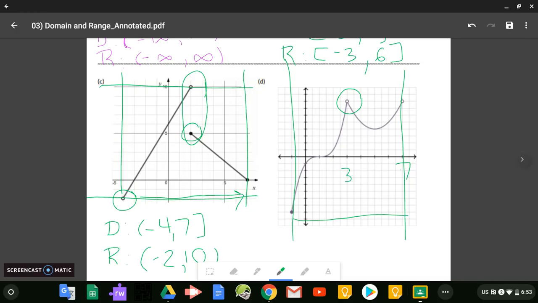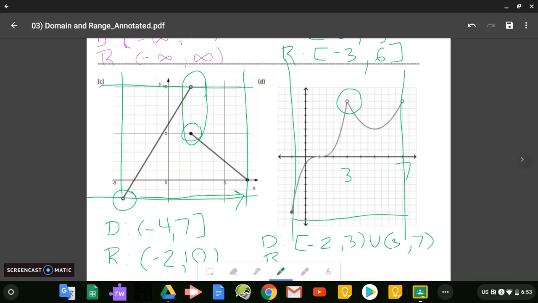So at this x value of 3, it's never actually reaching the value. So what we do for a situation like that is we say, okay, this is going from -2 up to 3, but it doesn't reach the 3, and then it hops, and it goes from 3 to +7.